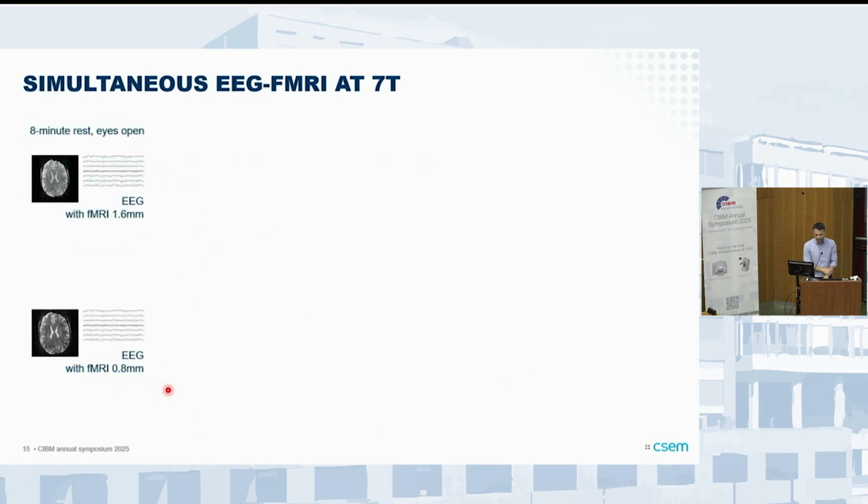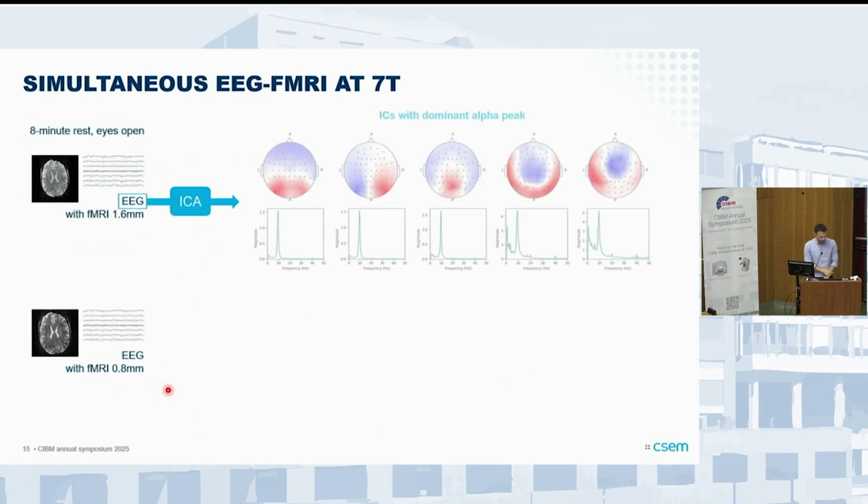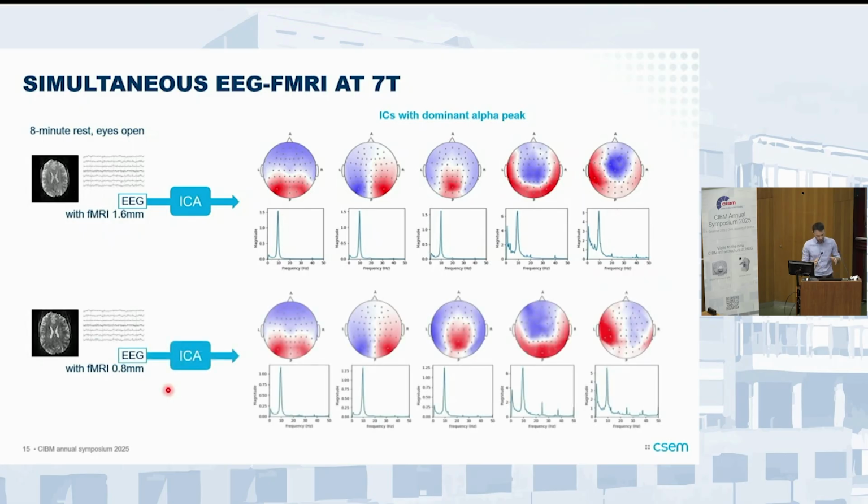What we've been looking at on our side was just have some preliminary ideas in this data set of whether there are interesting relationships between EEG and fMRI, whether they reproduce what's in the literature, and what is the benefit we gain with going to much smaller voxels.